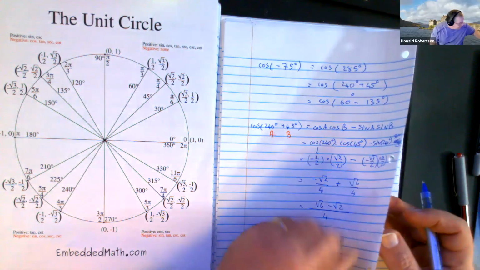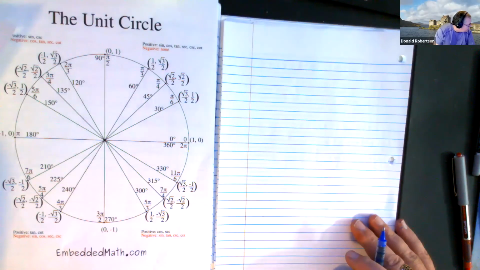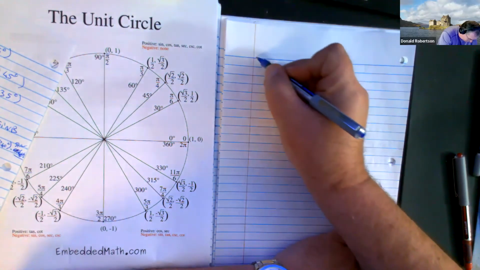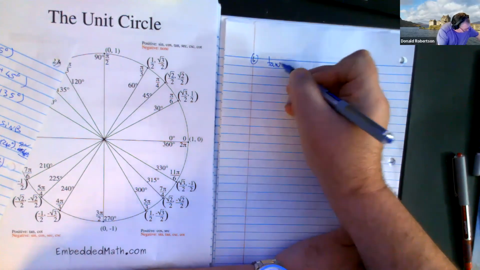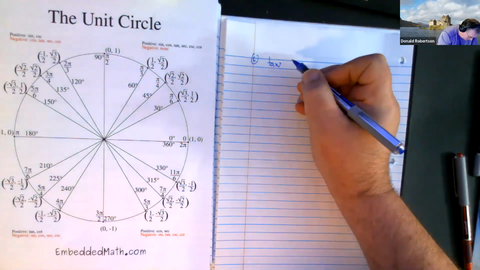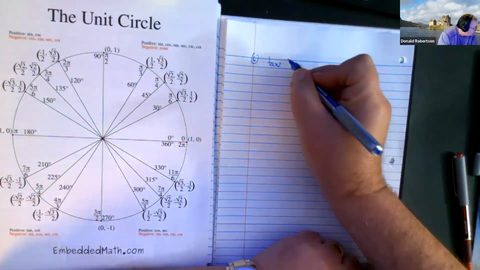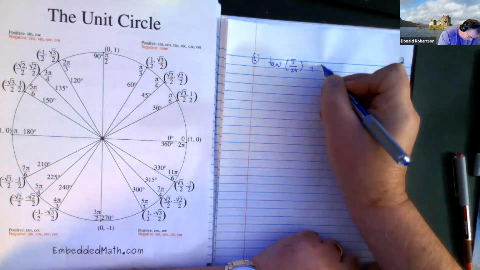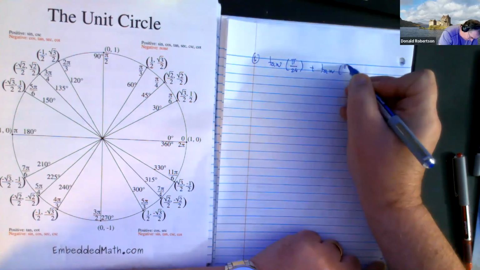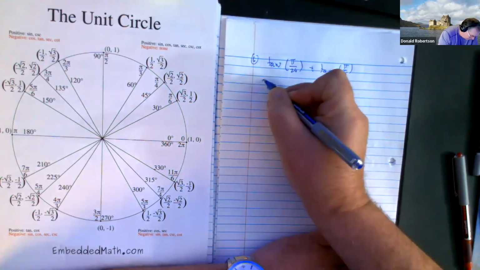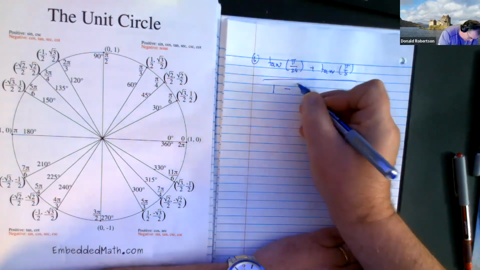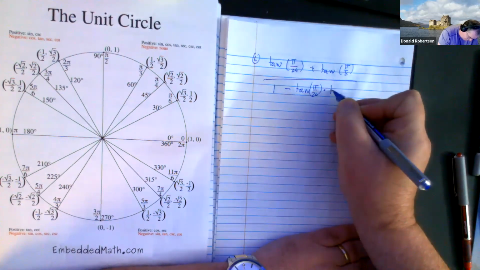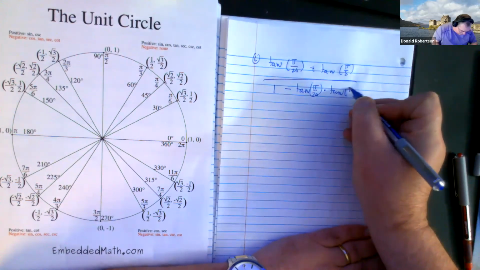Let's try this one. This is some radians again. Tan of pi over 24 plus the tan of pi over 8, over 1 take away the tan of pi over 24 times the tan of pi over 8.